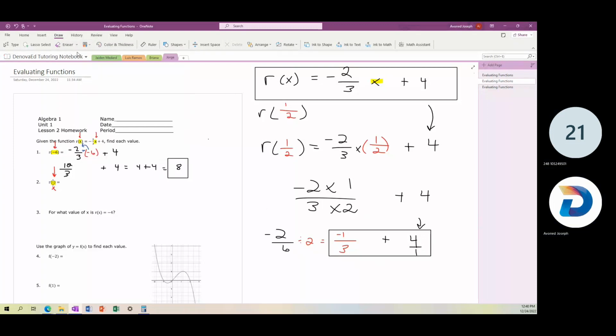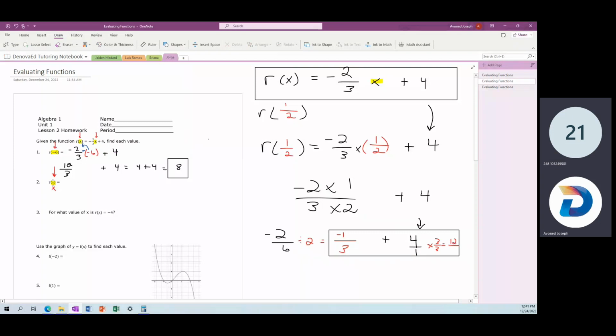This is times 3. Our new fraction is 12 over 3.